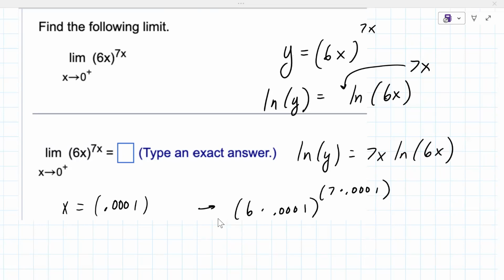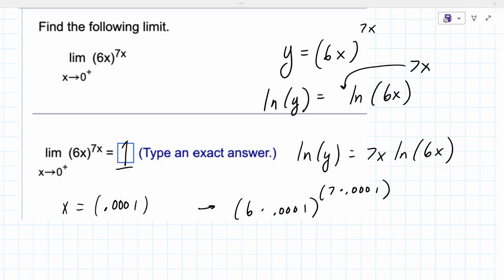So what is that really close to? 1. Yeah. You may want to just remember that for this style of problem, rather than trying to explain what I'm about to do, which is not going to be very clear. So I'm going to shy away from that for the moment.